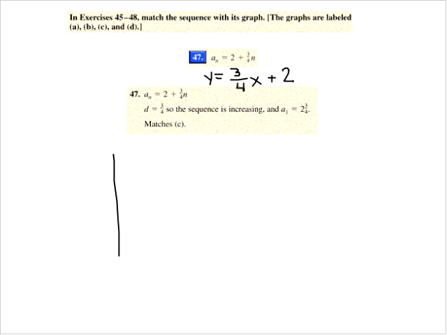It has a y-intercept of 2, and you can go up 3 and to the right 4 to find your next point each time and connect your points. So that should match up with graph C because you have a y-intercept of 2 and a slope of 3/4.